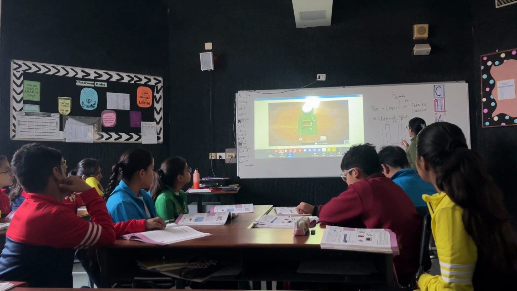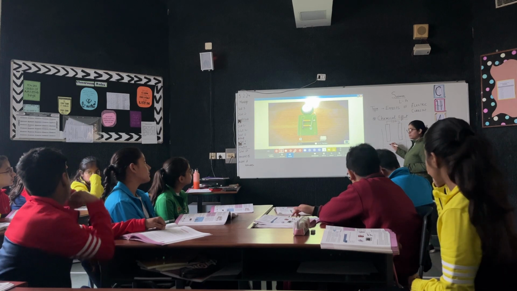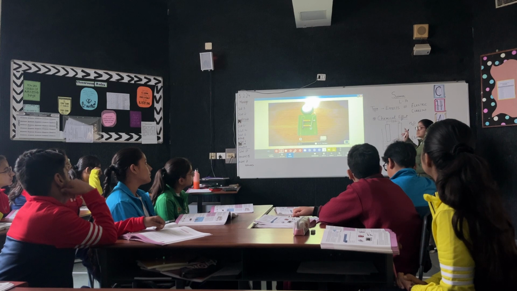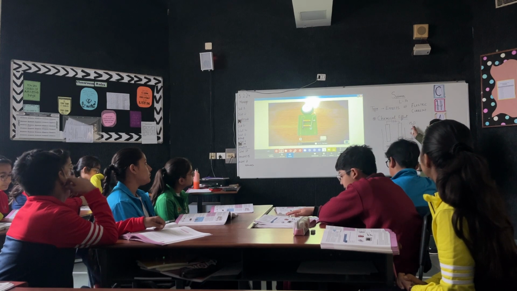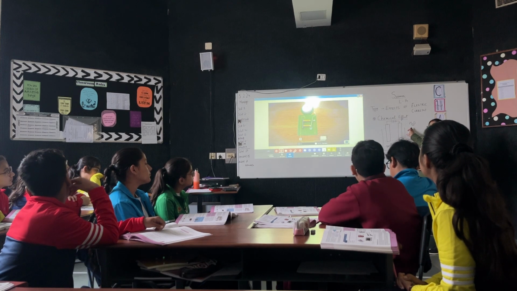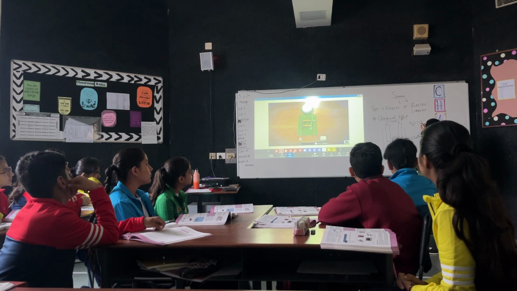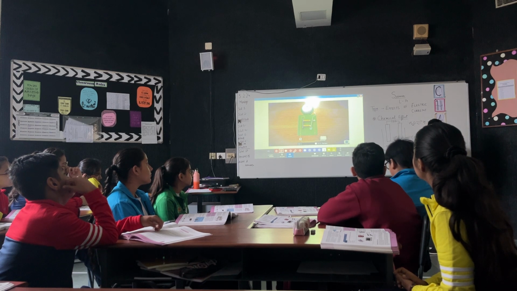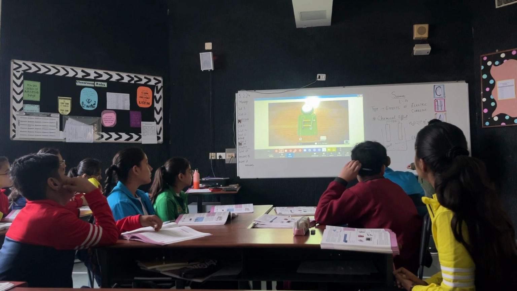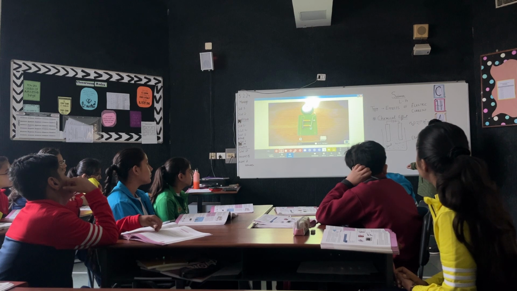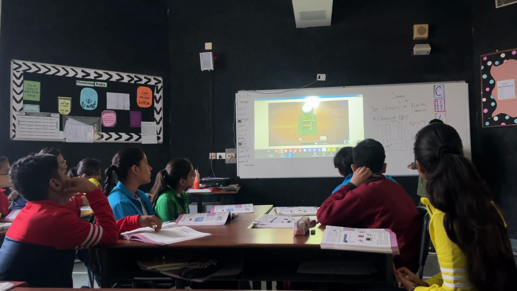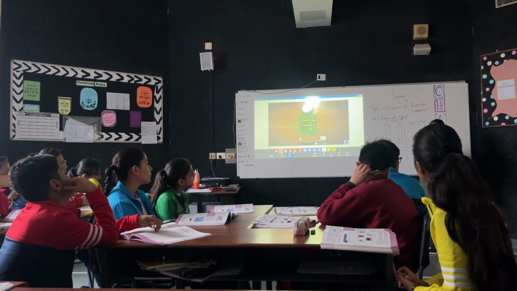Now, if I add some acid in it and pass the current through this setup, water will dissociate into hydrogen and oxygen. This will form hydrogen gas and this will form oxygen gas.